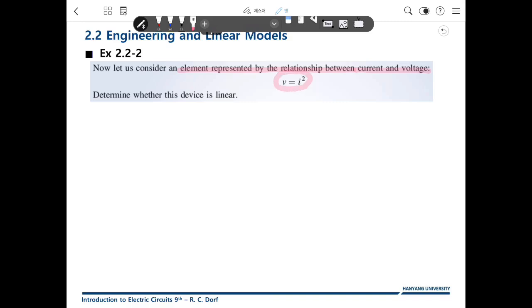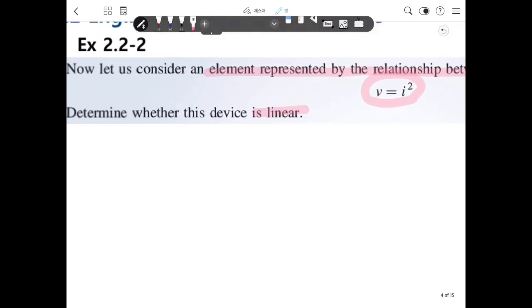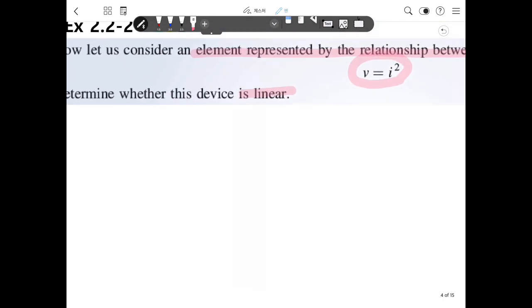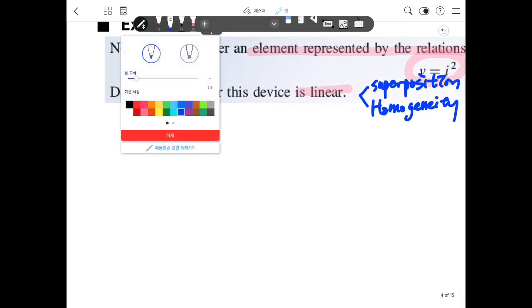Let's check whether this is linear or not. I will tell you again, to check whether this is linear or not, we need to check two things. What are they? Superposition and homogeneity.